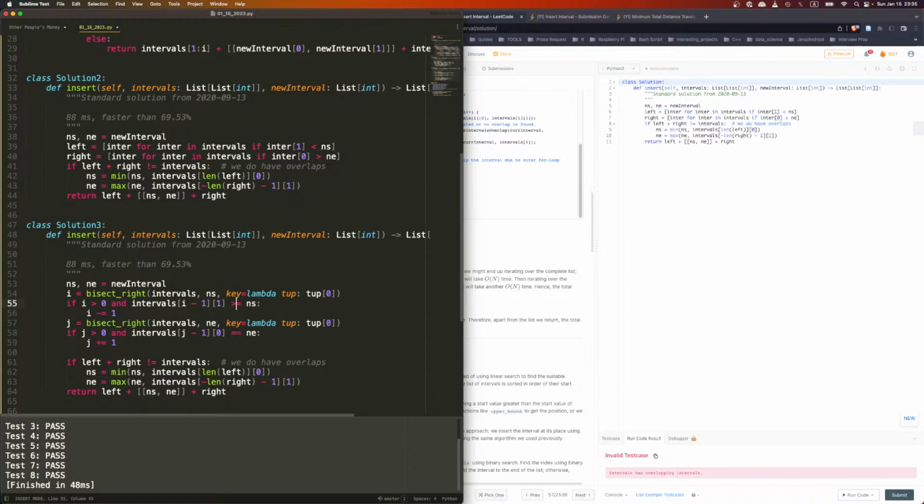Then we say if this is the end, and compared to this, if it's smaller or equal to... no, because we search for this, that's still going to be 1.